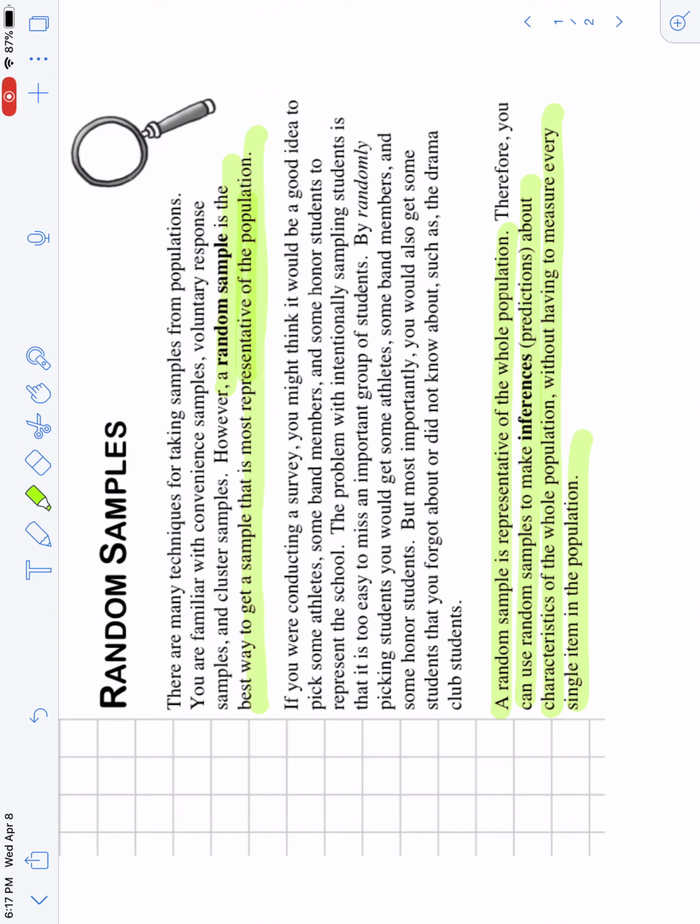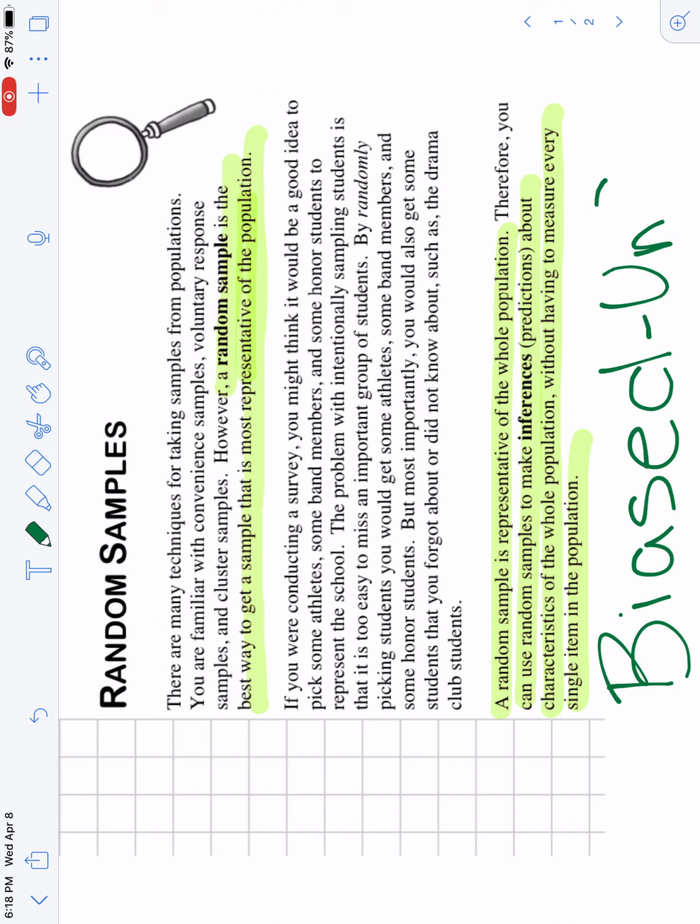If it's not a good representative or random sample, it's going to be called a biased sample. Okay, that's an unfair sample. Biased means it's unfair. So if I only surveyed the band students, that would be unfair to the rest of the school population that would not be included in that survey.